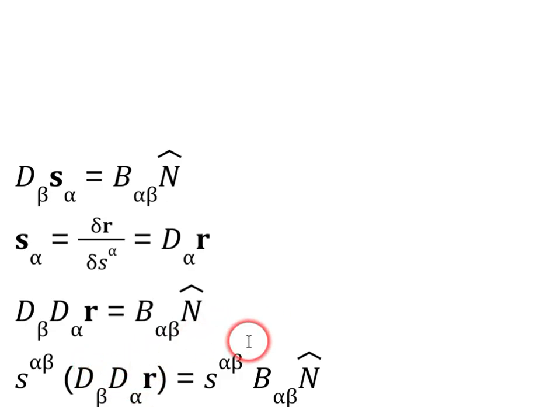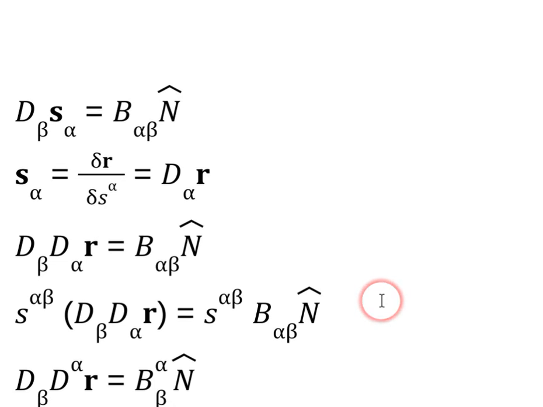That's called the metric compatibility property. So when the covariant derivative of something is 0, you can just move it inside here. So I moved it right here, raised this index, and I got this.